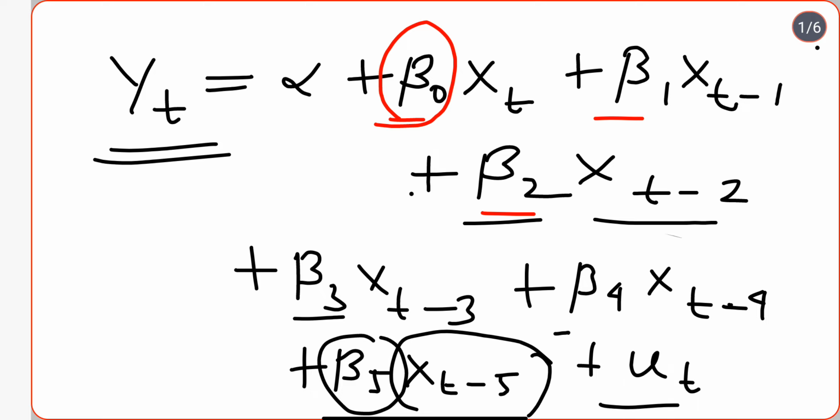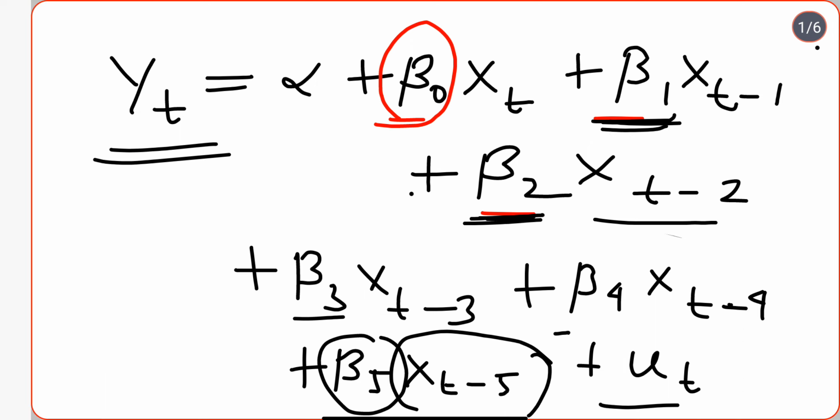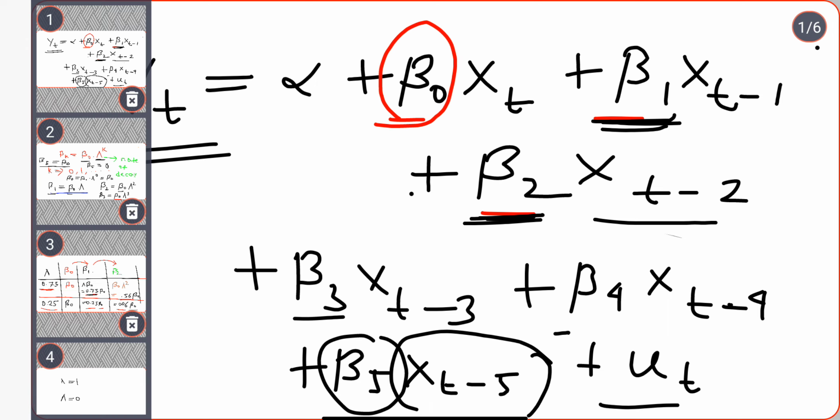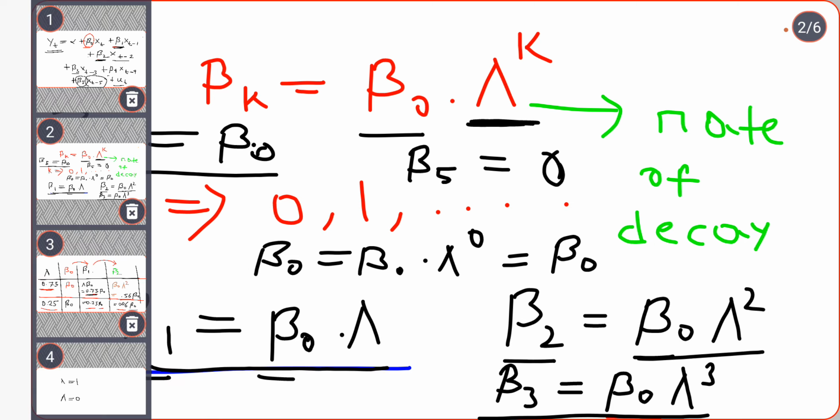Now we are going to represent these betas by the help of beta 0. That means I am going to represent beta 1, beta 2, beta 3, beta 4, beta 5 by the help of beta 0. So what can I write in place of beta 1? I can write lambda into beta 0. In place of beta 2, I can write beta 0 into lambda square. Right, these were the values: beta 1 was beta 0 into lambda, beta 2 was beta 0 into lambda square, beta 3 was beta 0 into lambda cube.